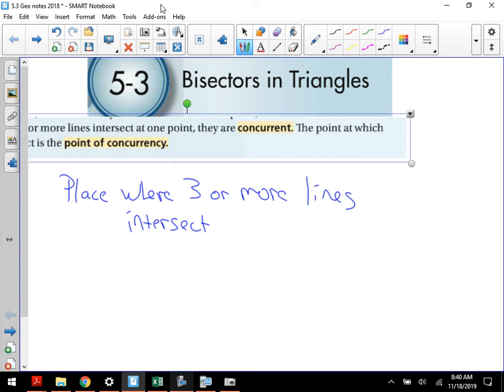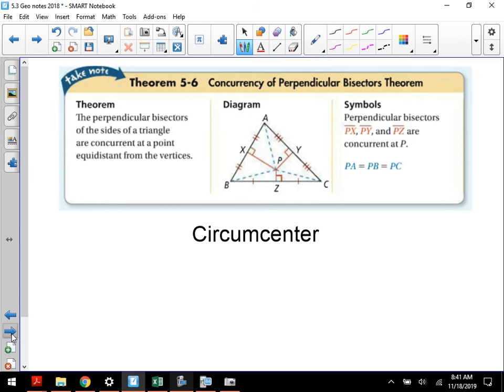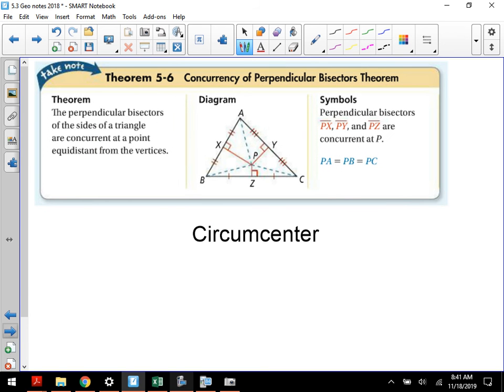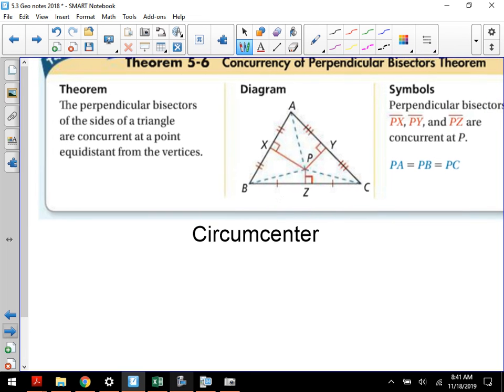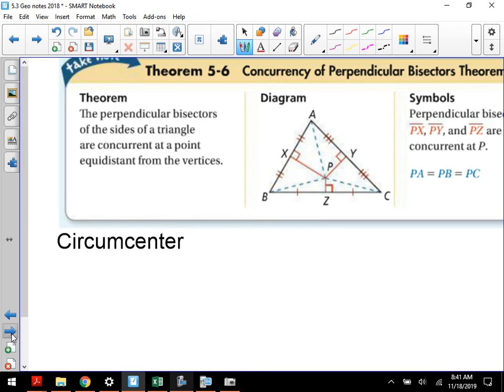So the idea today is we're working with our different bisectors, whether that is segment bisectors, angle bisectors, and perpendicular bisectors. The first one we'll look at is called the circumcenter. This is one of the ones we're going to look at.